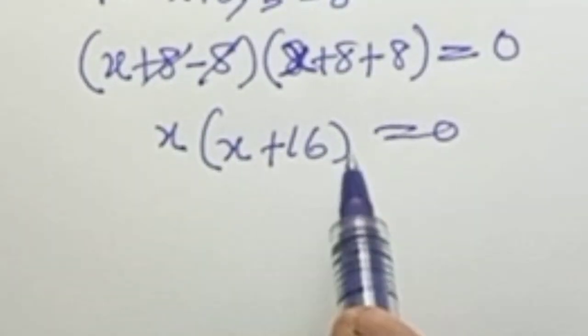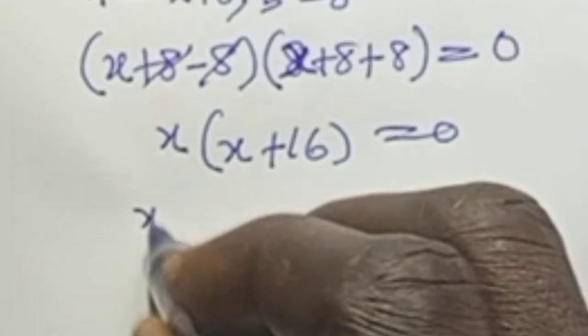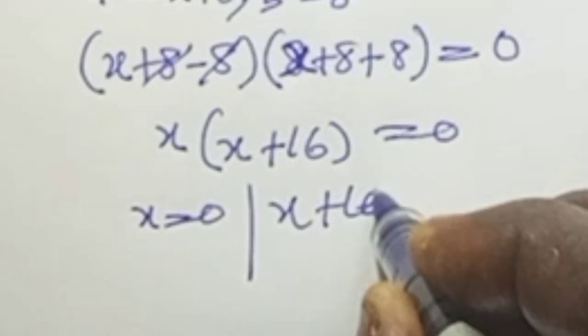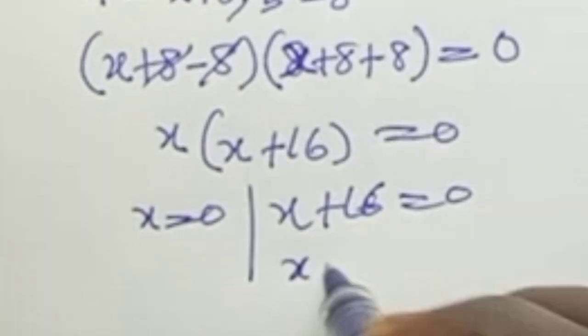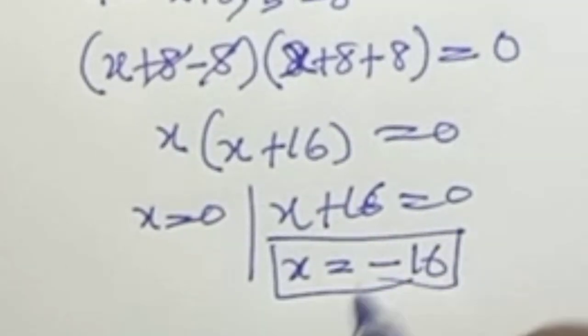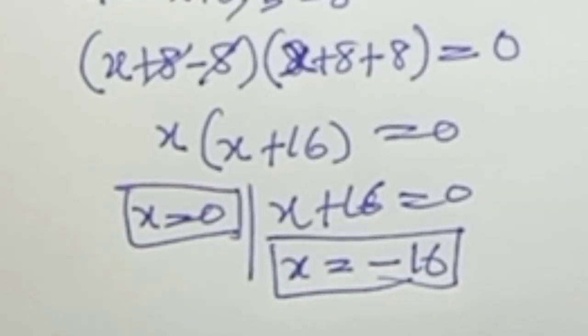So this gives us two cases: the first case, x is equal to 0, or x + 16 is equal to 0. So if you do this, x will be equal to −16, and x, of course, is equal to 0.